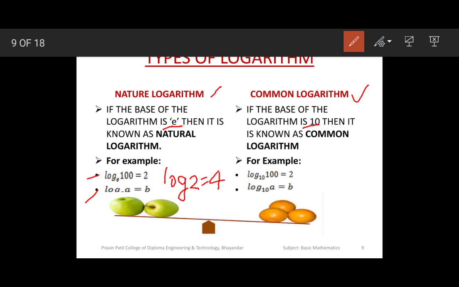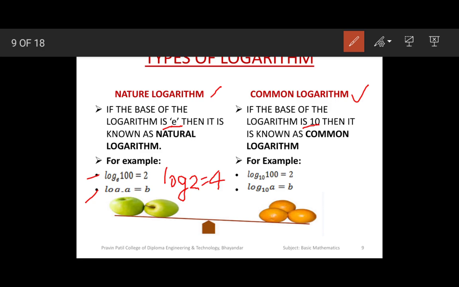So log 2 to the base e is equal to 4. Here it is written as log 2 equal to 4, but the base is e. So if the base of the log is not given, then the log is a natural log, meaning log to the base e. Clear?